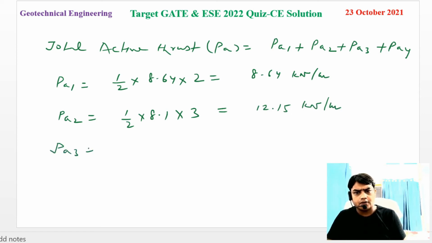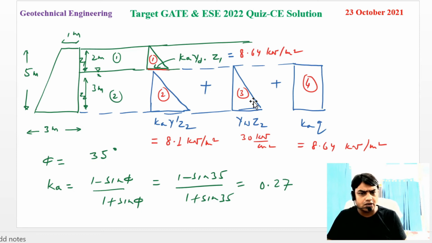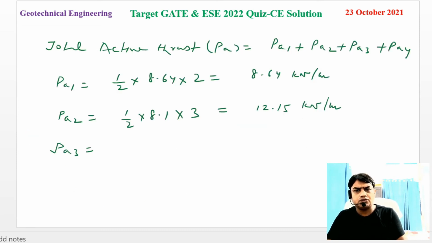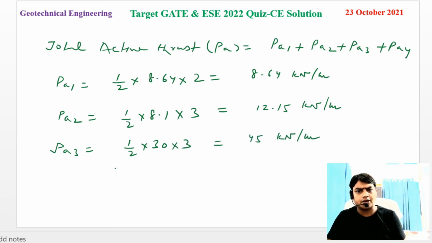Similarly, the total active thrust for the third active earth pressure diagram is the area of this diagram, 1 by 2 into 30 into 3. So it will be 45 kilonewton per meter length of the wall.